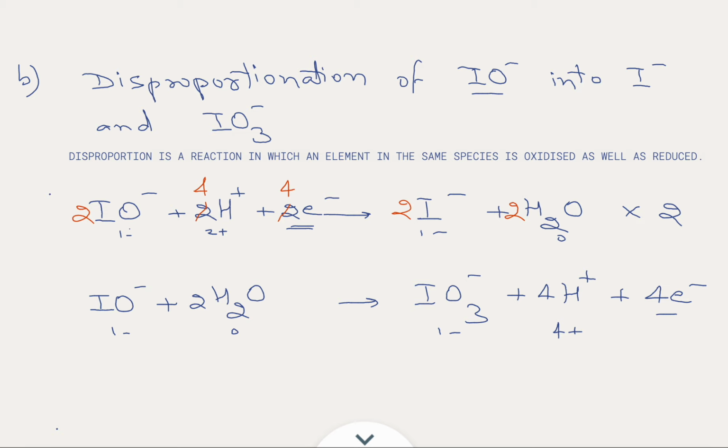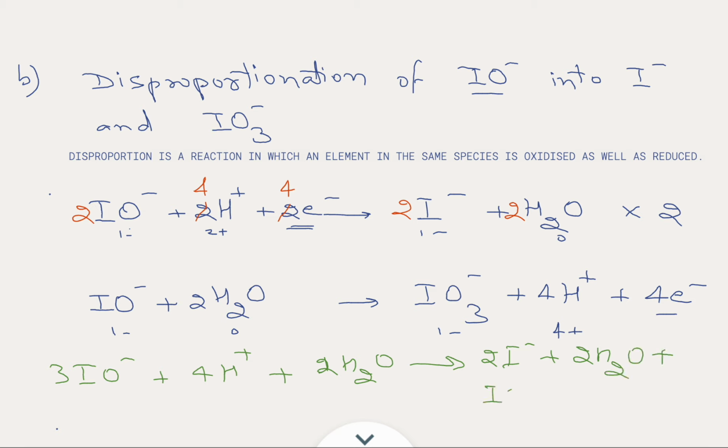So 2 IO minus here and 1 here, so therefore it's 3IO minus plus 4H plus I plus 2 water, giving us 2I minus plus 2 water plus IO3 minus plus 4H plus, and electrons have been cancelled out.